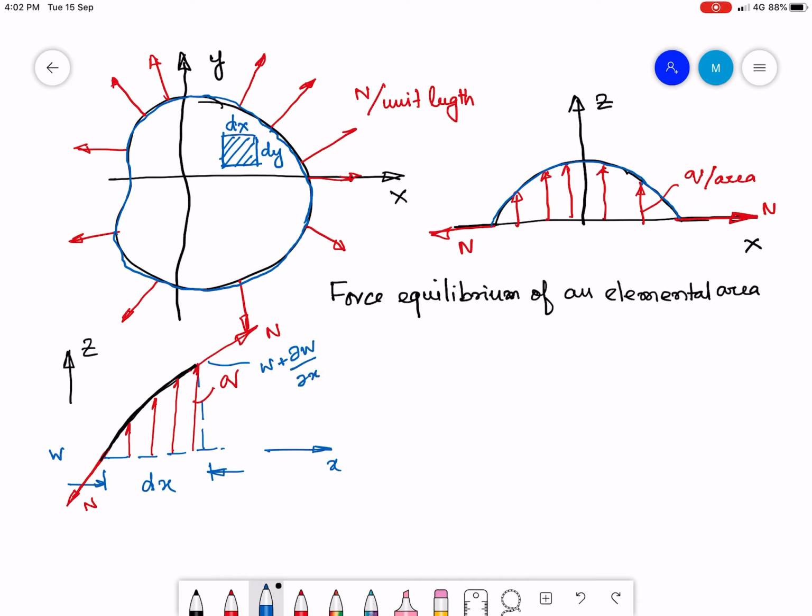So, the deformation in z direction, if it is w at this point, then it is w plus del w by del x at this point.